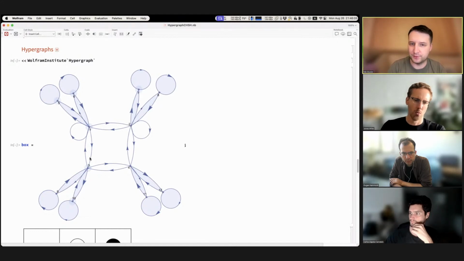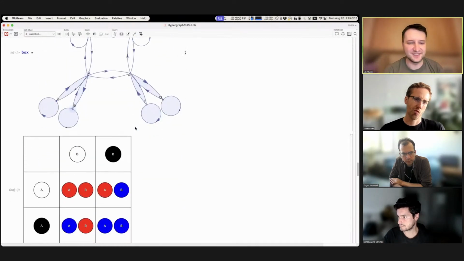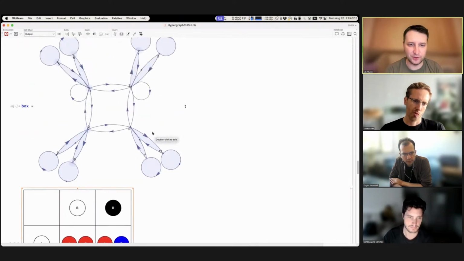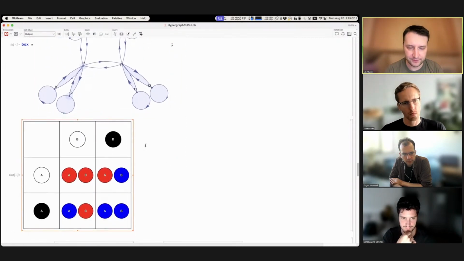It just swaps rows, and Bob just swaps these unary edges left to right, right? So that's the box that this hypergraph corresponds to, right? So this is blue, corresponding to no unary edge here. So it's blue, blue here, blue, red here. So that's the correspondence between this hypergraph and this box.